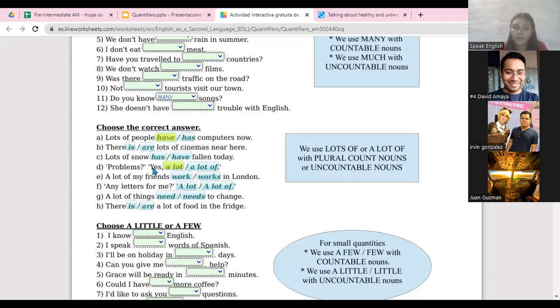We don't say yes, a lot of. If you say yes, a lot of, you have to add the noun. Yes, a lot of problems. So for that reason, we just say yes, a lot. If you have here of, you have to add the noun.